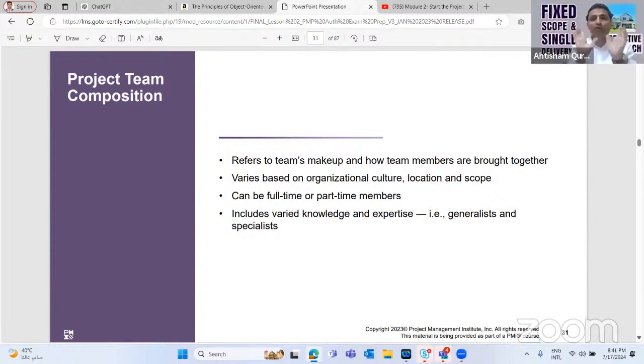So if you find a single skill set and bring them together, what will happen? One person is a copy of another person, so they will look at the problem in a unidirectional way. So there will be no outside-the-box thinking, right?